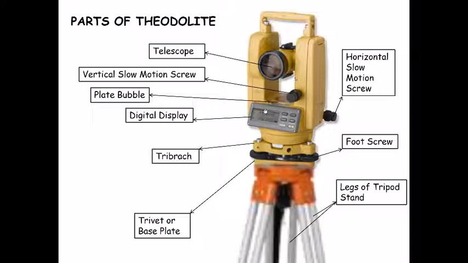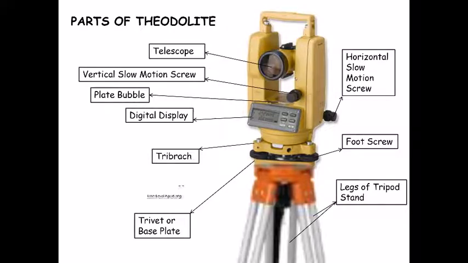On the screen, the angle is displayed. When you keep rotating the instrument, the angle keeps changing over here, and you can note down the reading. Similarly, you have a plate bubble over here and the circular bubble on the other side, and also an optical plummet to center the instrument, and the plate bubble and circular bubble to level the instrument.